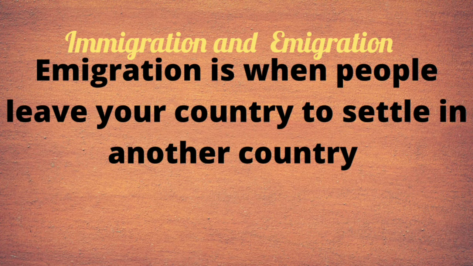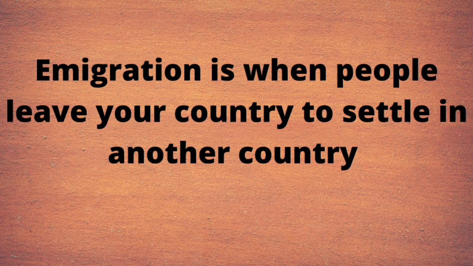Now, as it relates to external migration, there are two types. You have immigration and emigration. Immigration and emigration are types of external migration. So this means that you are now moving from one country to another to live.